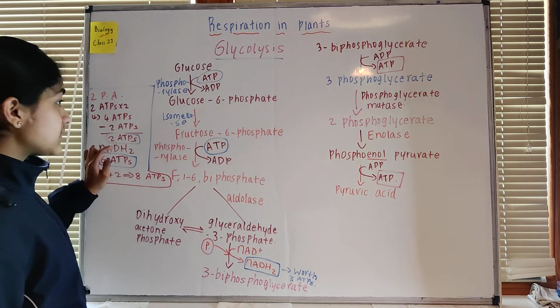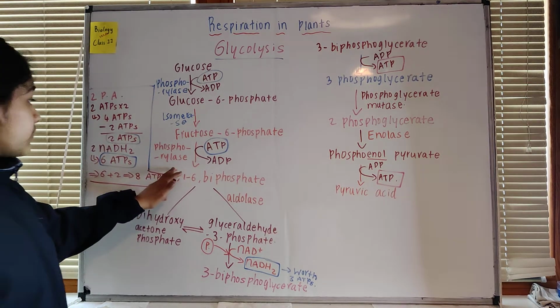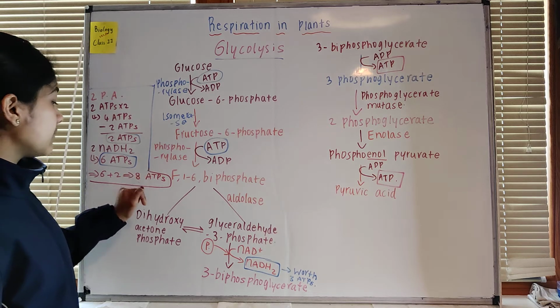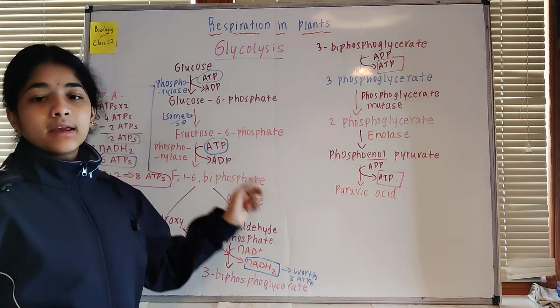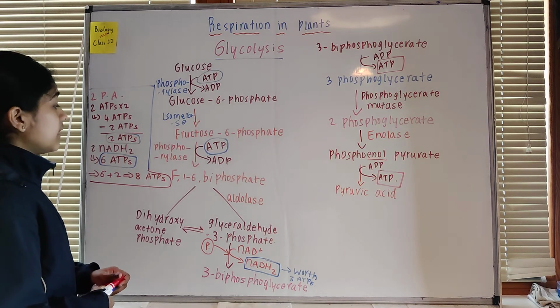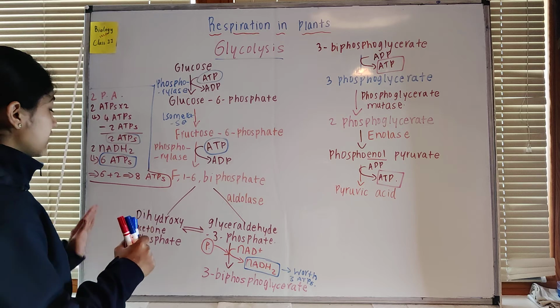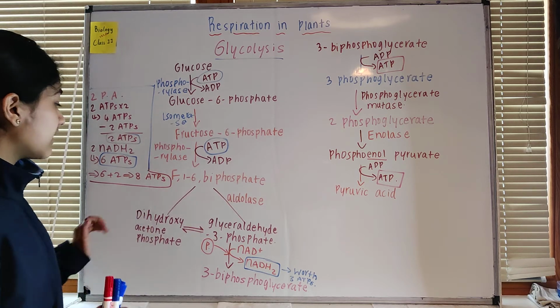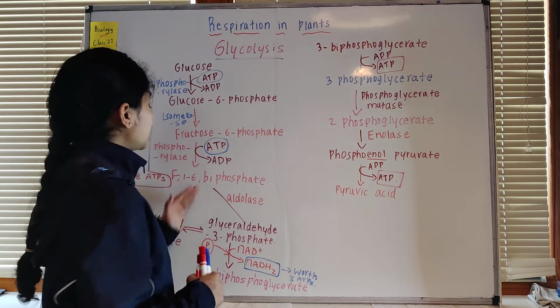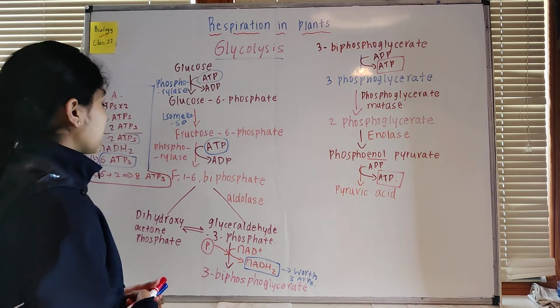So here what happens? Phosphorylase is the enzyme, and then ATP gets reduced into ADP. Again ATP investment. Now fructose 1,6-biphosphate is split into 2 compounds, dihydroxyacetone phosphate and glyceraldehyde 3-phosphate, where the enzyme is aldolase.